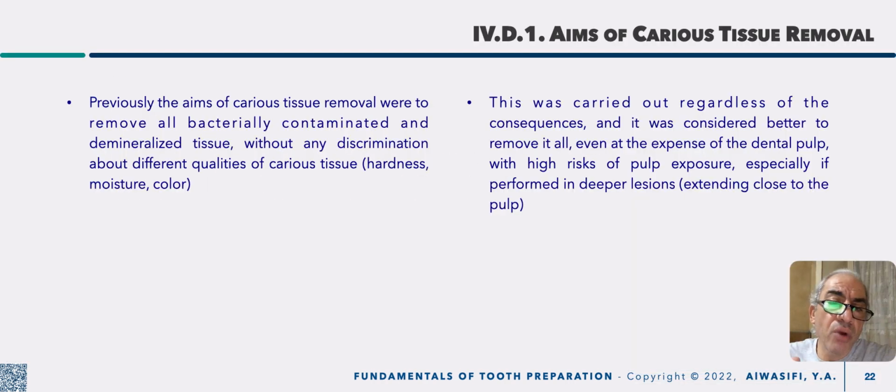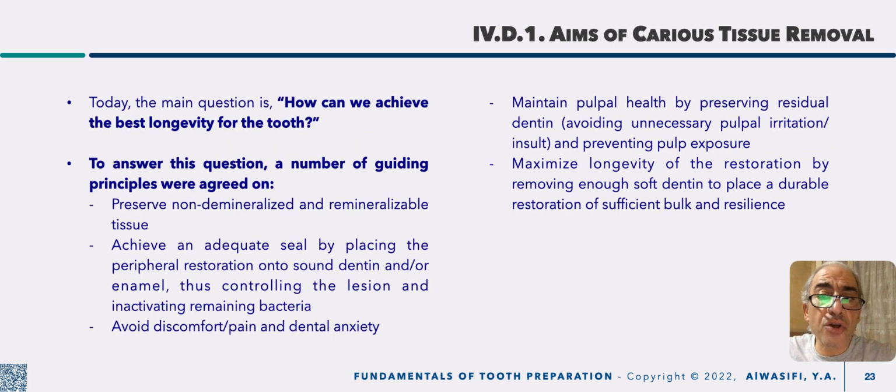When discussing the aims of carious tissue removal, the old aim was to remove all carious lesion regardless of the condition of the pulp, regardless of preservation of the pulp, even if you are exposing the pulp and the case will be endodontics, but you should ensure that all your cavity is absolutely clean with the normal color of healthy sound dentine. Nowadays, we are concerned with the health of the tooth.